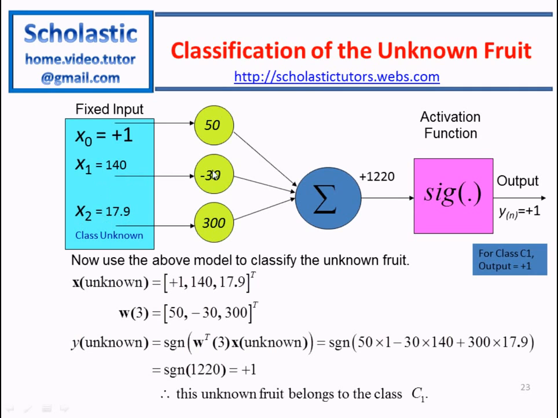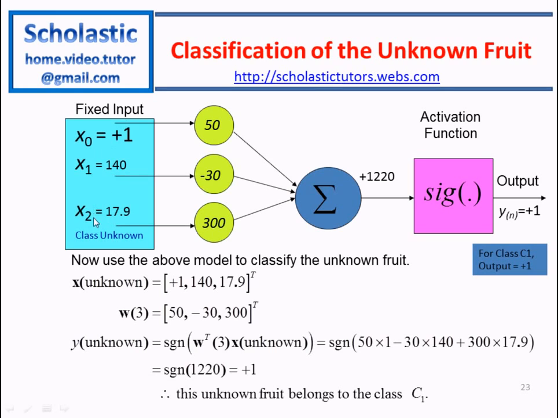So what we do here is send it through this neural network, which has the known weights. The inputs are the bias, the weight and the length, and we have the weight vector which has been calculated for us, and we assume that it's correct. If it is correct, that means we can classify the unknown fruit.